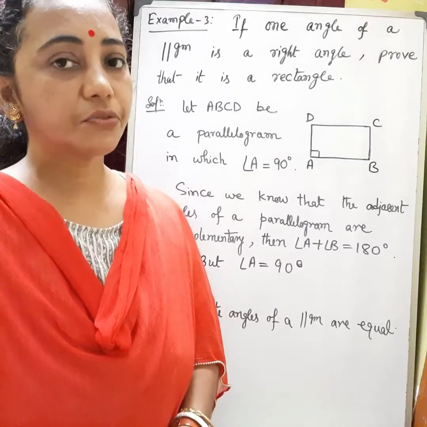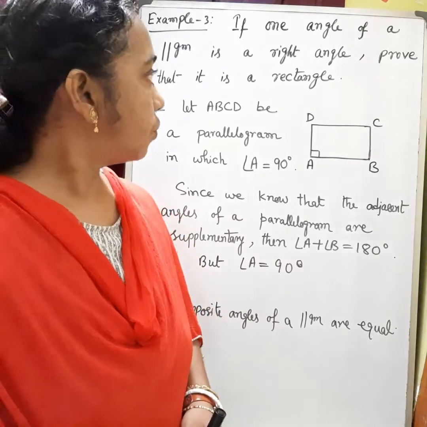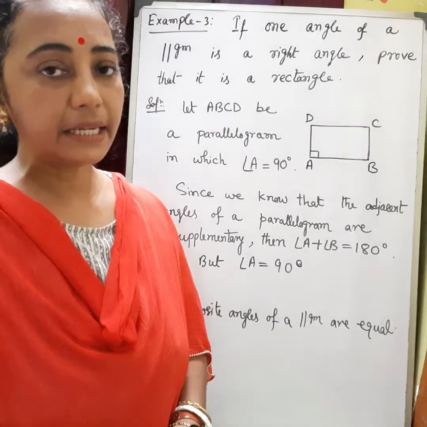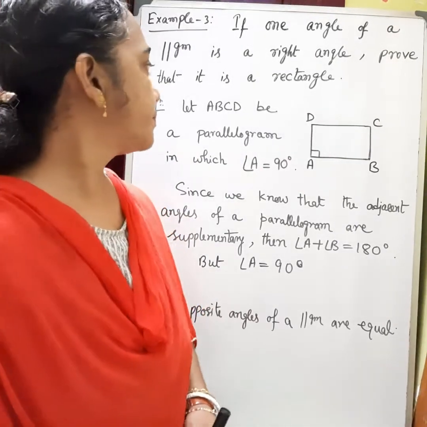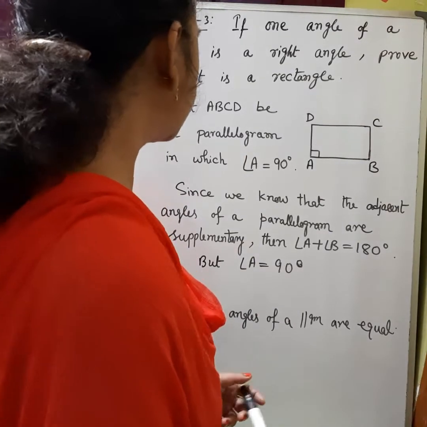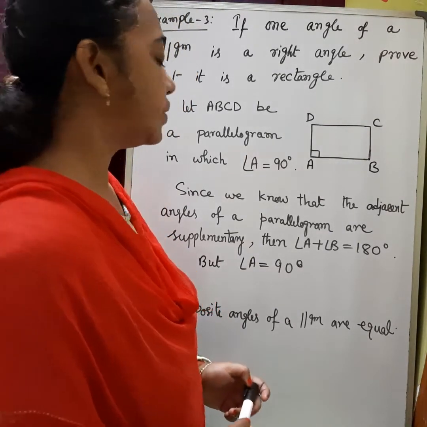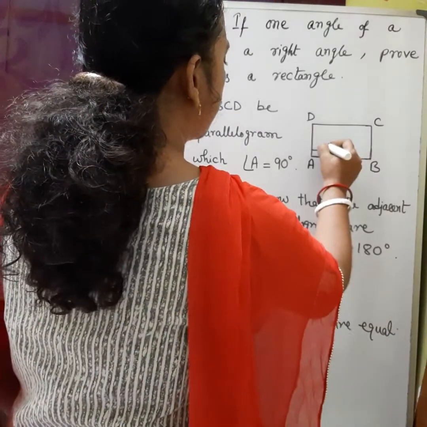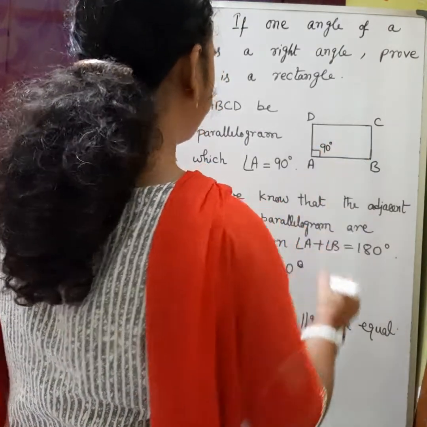Now, let us verify that if one angle of a parallelogram is a right angle, then it is a rectangle. So let us consider that ABCD is a parallelogram in which one of the angles is 90 degrees. That is, angle A is equal to a right angle.